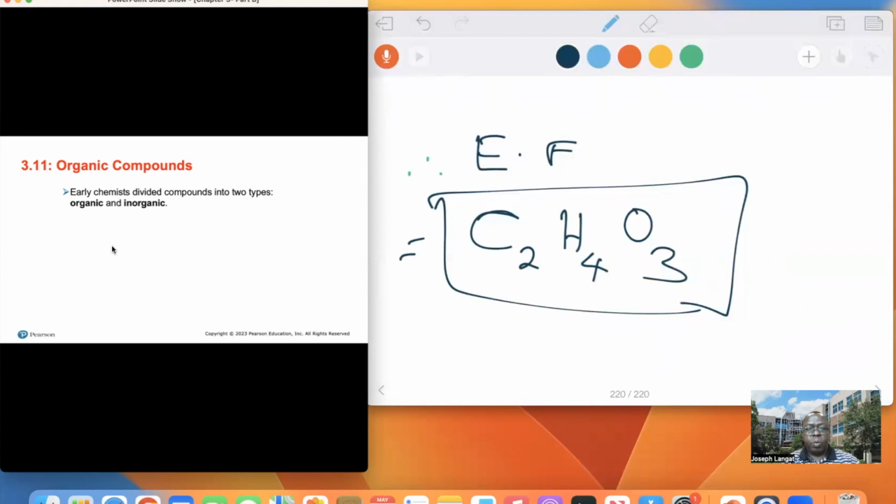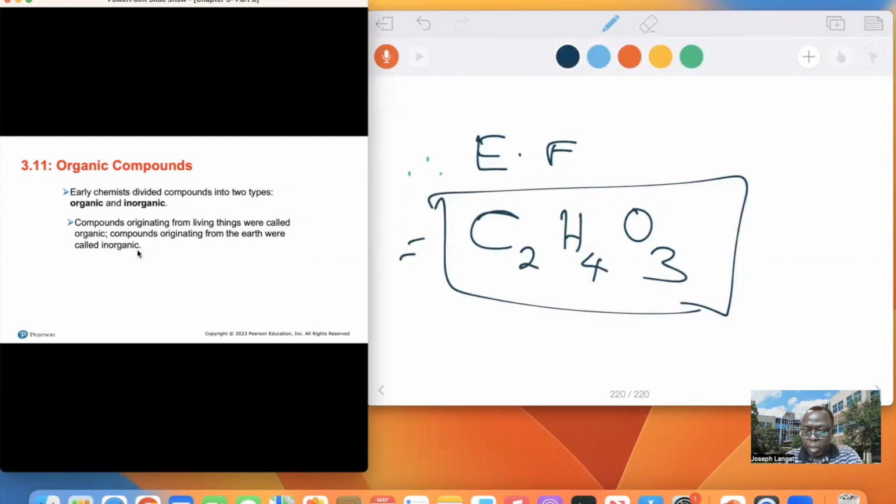Organic compounds were mainly those derived from living organisms, whereas inorganic compounds were derived from minerals. So compounds originating from living things were called organic compounds.